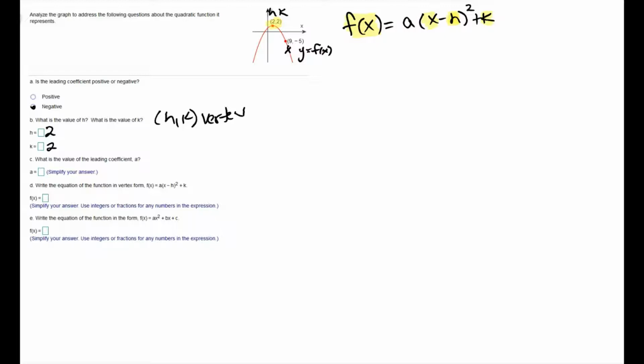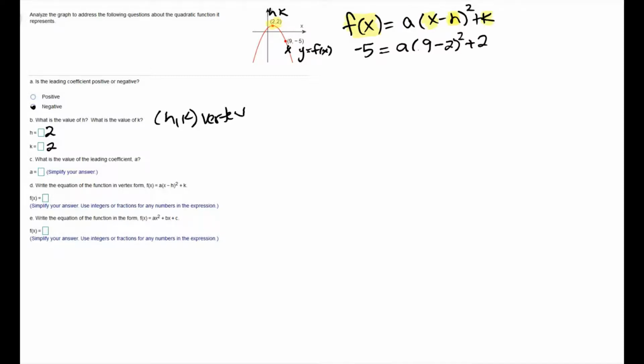So once we substitute those values in, we'll be able to solve for a. Substituting in for f of x, I've got negative 5. A is what we're trying to figure out. In for x, we have 9. H is 2, and k is 2.